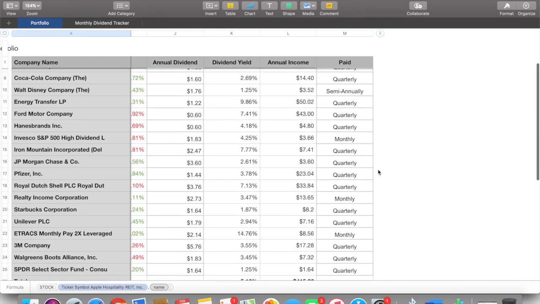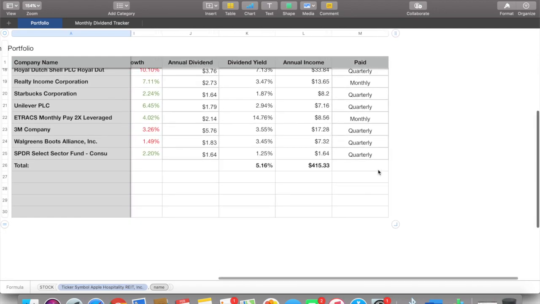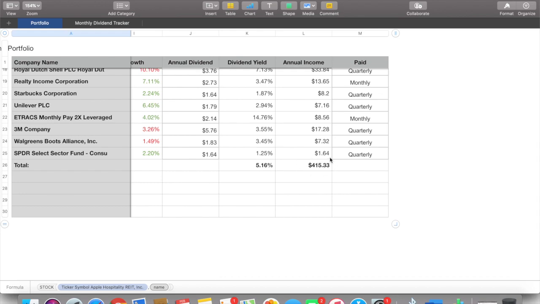So that is just what I earn every year on my investment of $8,000. Now that's about 5%. So if you put $8,000 into a high yield savings account, yes, your money doesn't move up and down, but your money usually only gets around 2% or a little bit under 2%.